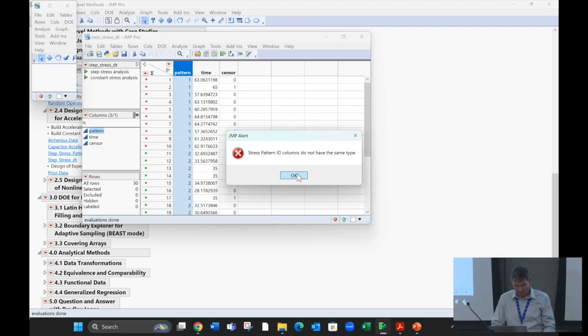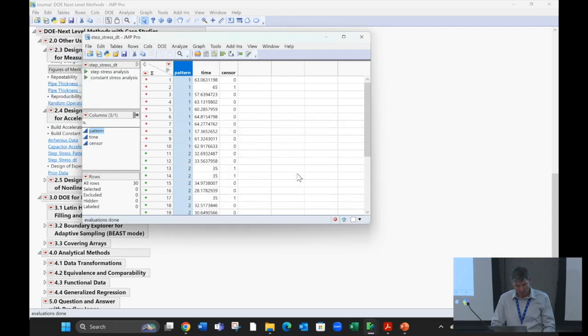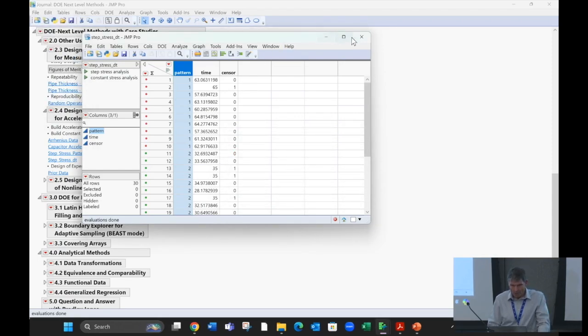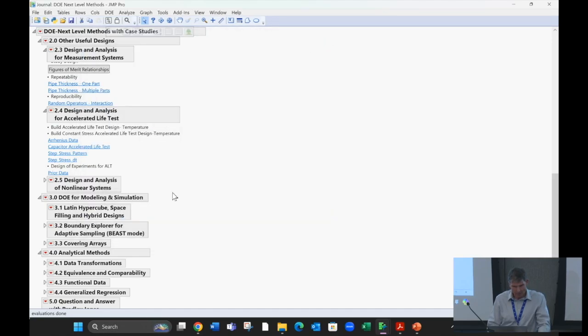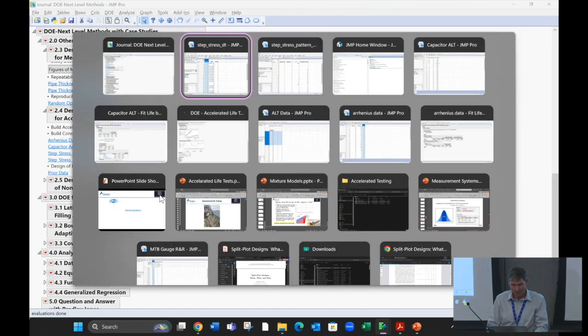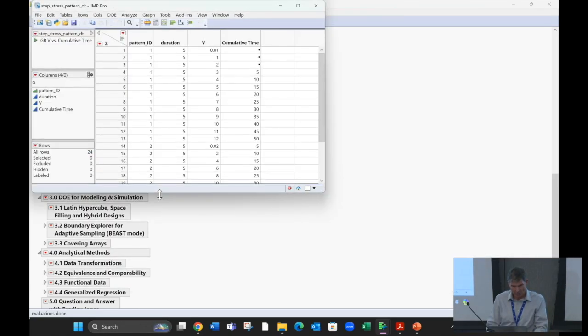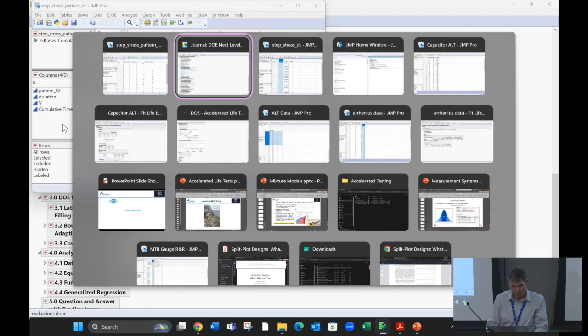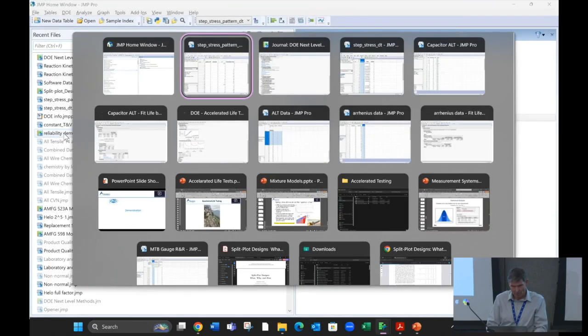Pattern ID do not have the same type. All right, so let's put that down. Step stress pattern ID, we'll change that to continuous. And that should fix the problem.